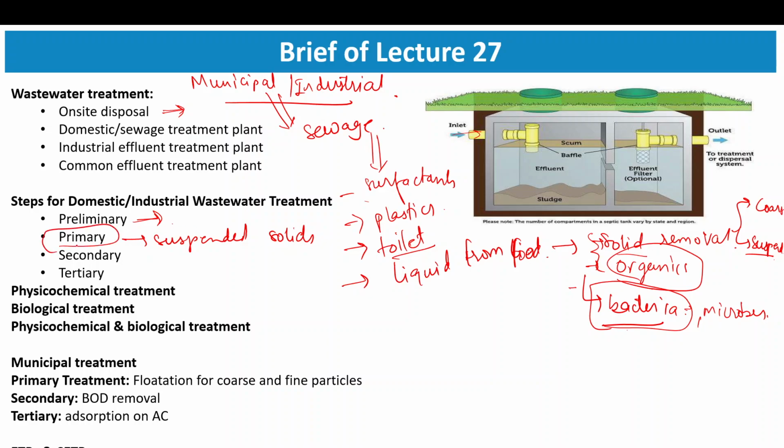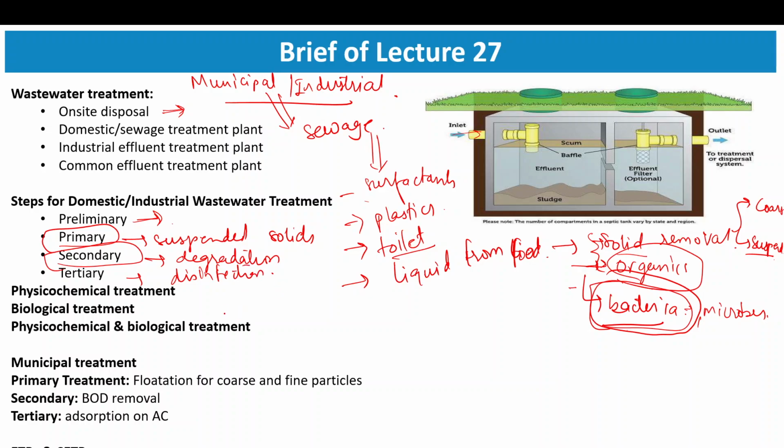It is a kind of primary method. Secondary treatment removes organics, where you have decomposition or degradation of organics through some aerobic process. Later you have tertiary treatment, where you try to kill bacteria or remove any specific pollutant present, for example disinfection.